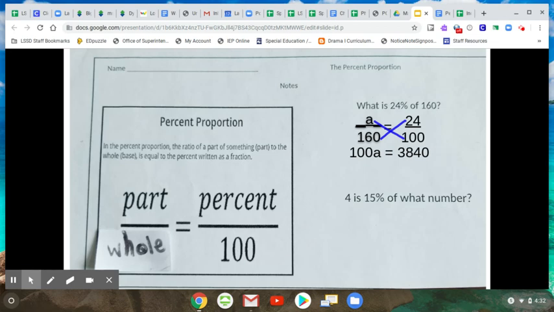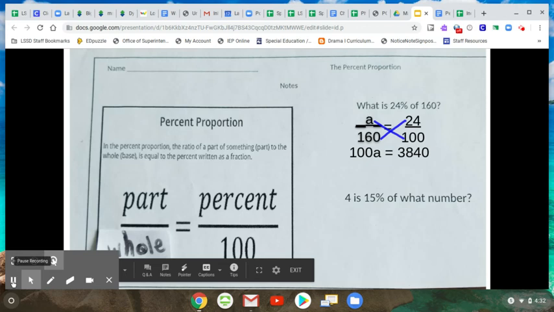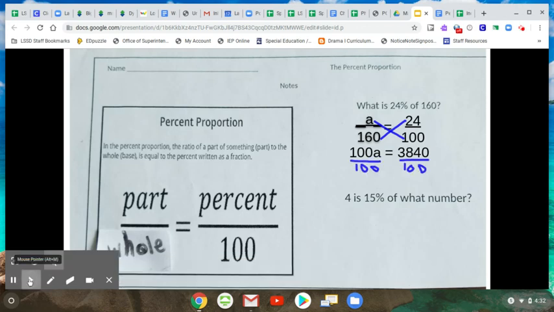But I'm not done yet because I still don't have A isolated or by itself. So now I need to divide both sides by 100 to get my answer. When I divide them both by 100, I get A is equal to 38.4. So now I know what my part is. 38.4 is 24% of 160.